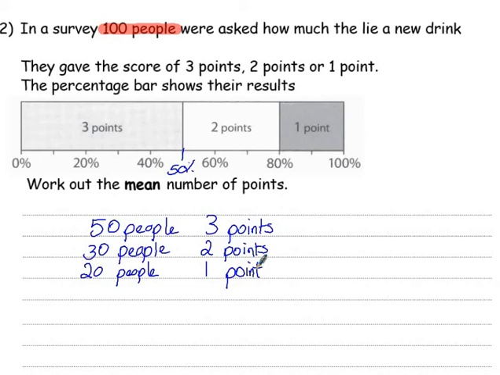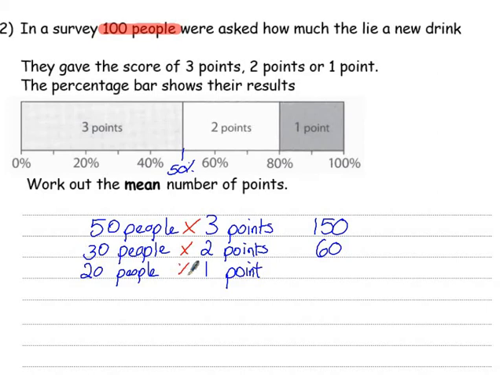So much like we did in the last example, to find the mean, we need to work out how many points there were in total. And to do that, we could say, if 50 people gave 3 points each, we could times those. So 50 times 3 is 150. 30 times 2 is equal to 60.